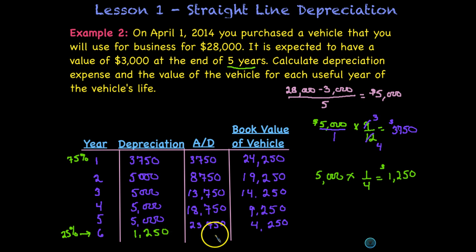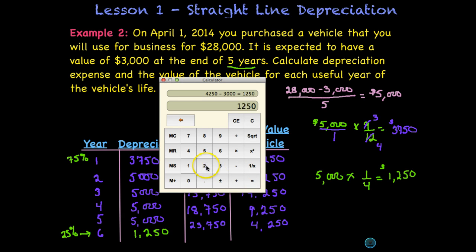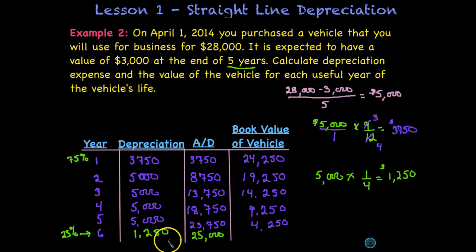If I add that to my 23,750, I get an accumulated of $25,000. And now my book value is going to be another $1,250 less, so I get a book value of $3,000.